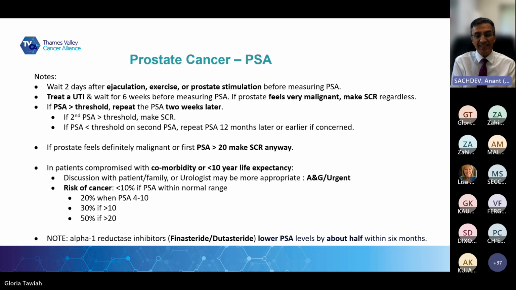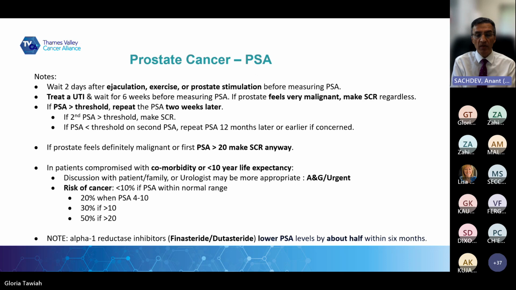If it's between 4 and 10, then the risk of prostate cancer is 20%. If the PSA is greater than 10, it's 30%. Greater than 20, 50%. So actually, we do need to understand what the actual PSA level means for the patient in those respects.